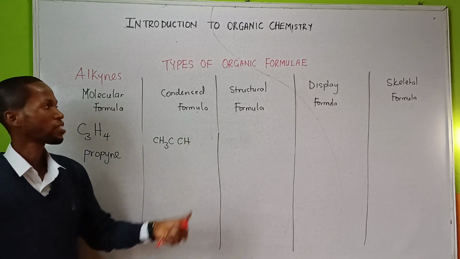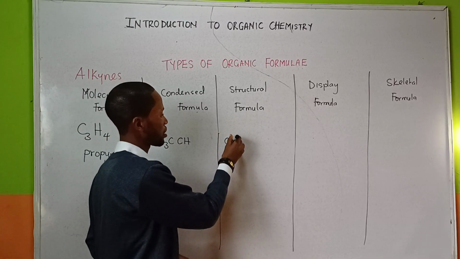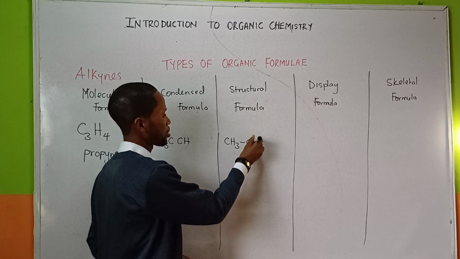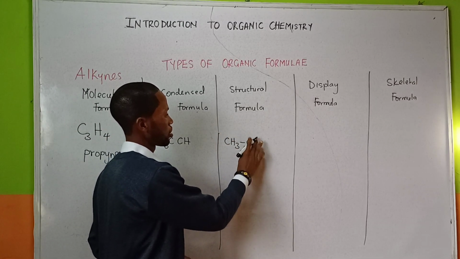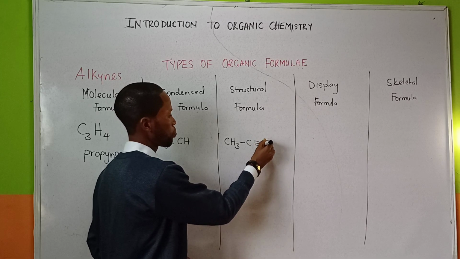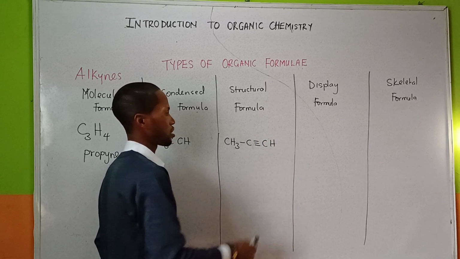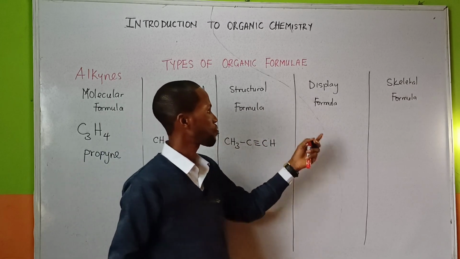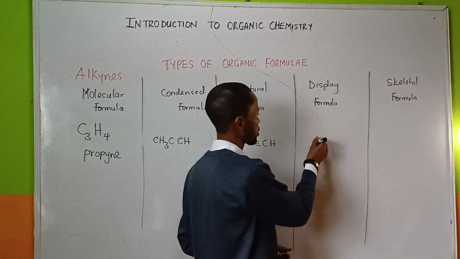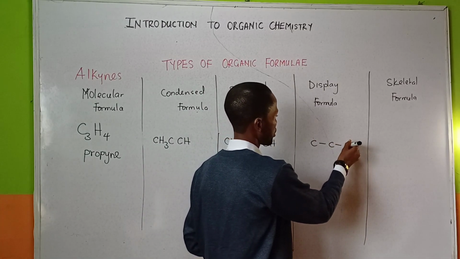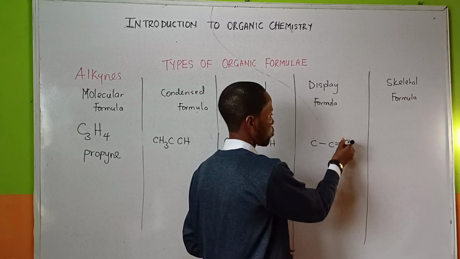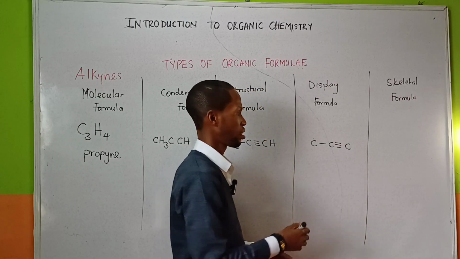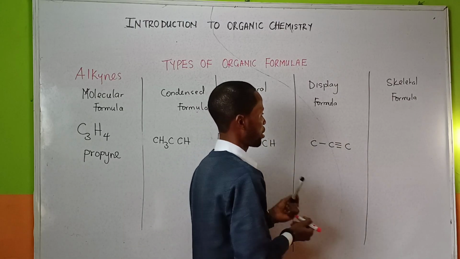Okay, while the structural formula is written as CH3 single bond C triple bond CH. Okay, the display formula is expressed as carbon with a triple bond in between. We have hydrogen.